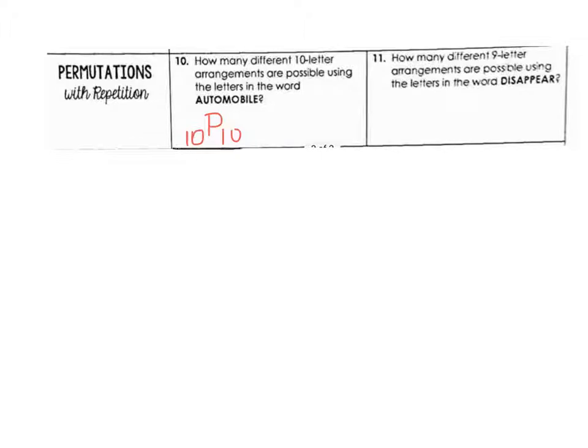So we need to do a divide. We need to make this answer smaller. Because if we switch around the two O's, for example, it's going to look exactly the same. So we don't want to count all the different situations where the two O's are just reversed with each other as looking different.